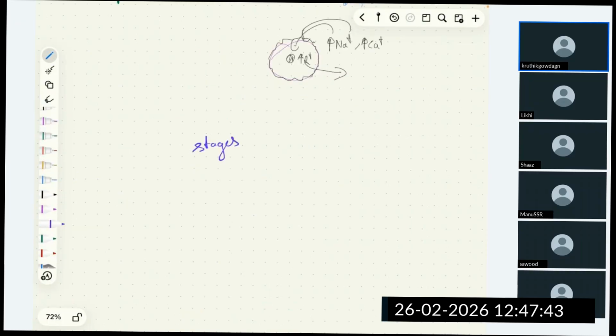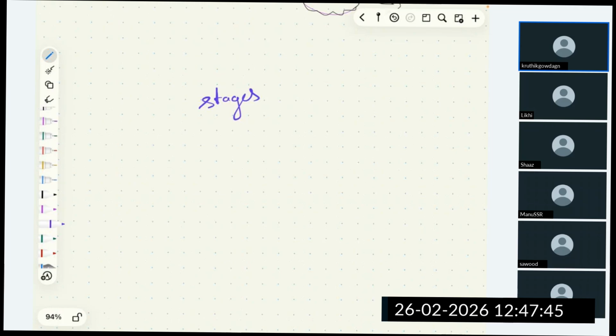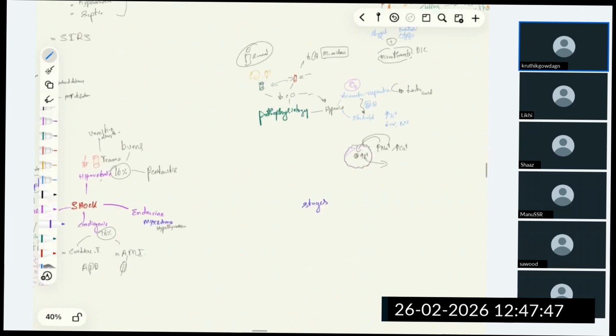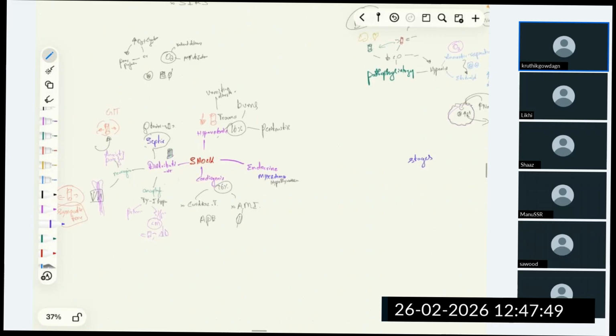The stages of shock go on like this. The already mentioned factors like infection, seen in septic shock, the burns, hemorrhage and hypovolemia lead to hypoxia.